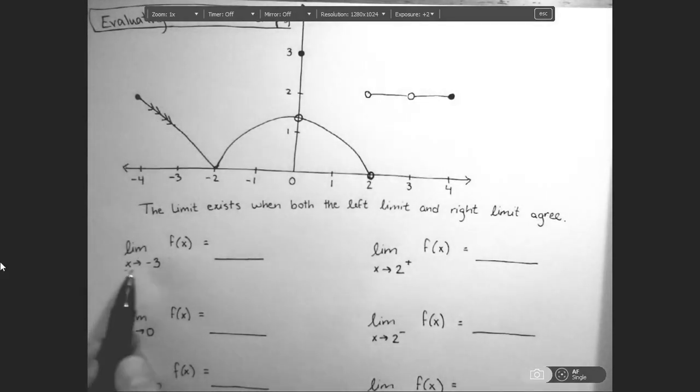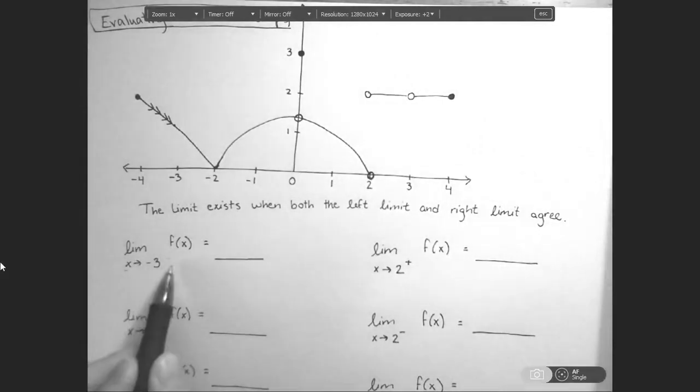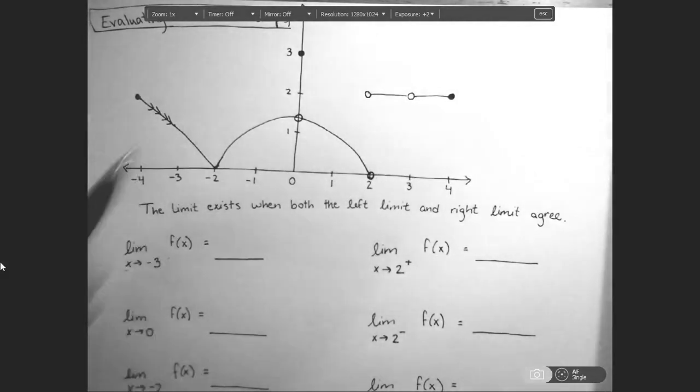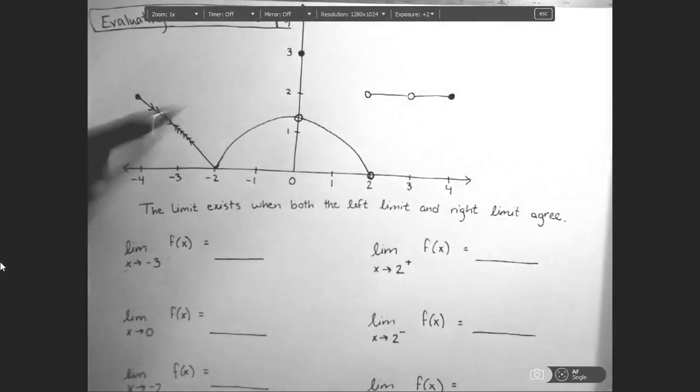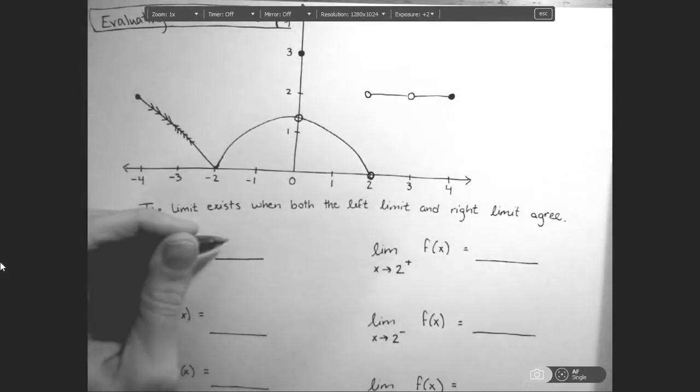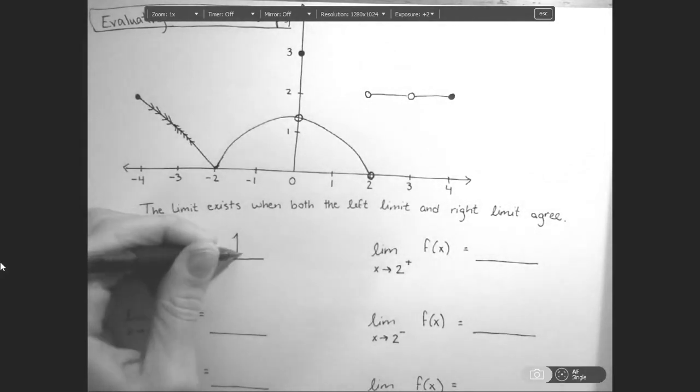That means that my limit as I approach from the negative side of -3 is 1, and when I approach from the positive side, or from the right, I'm also approaching a y value of 1. That means that both the left-hand limit and the right-hand limit agree, and they both agree at the value of 1.